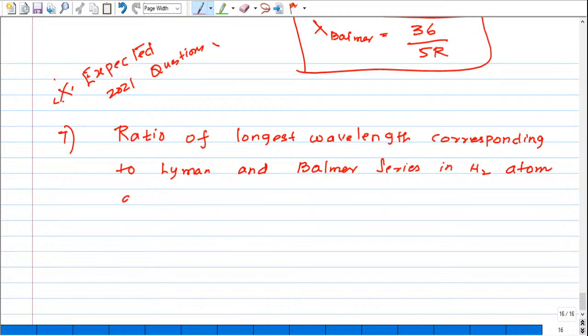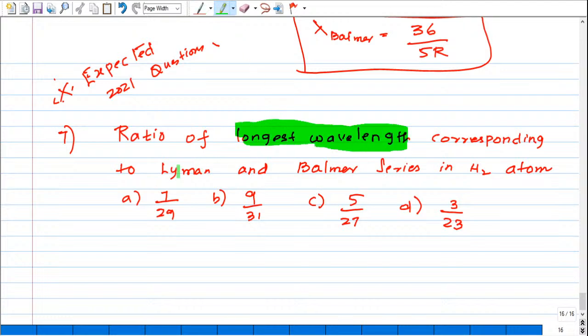Option A is 7 by 29, option B is 9 by 31, option C is 5 by 27, option D is 3 by 23. See, he has given the longest wavelength of two series. One is Lyman, the other one is Balmer.